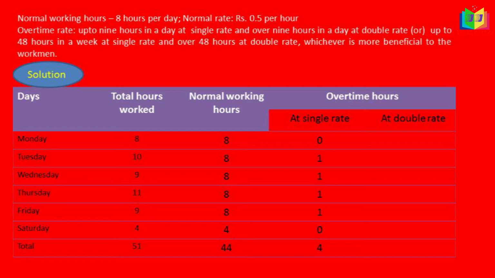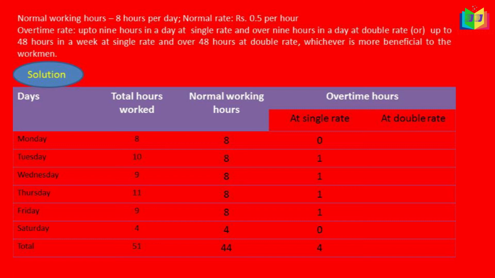Okay, and for Wednesday it's 9 total hours worked and normal working hours is 8, so here also we have 1 at single rate. And on Thursday 11 hours worked and normal rate is 8, so up to 9 hours we have to take it under this single rate, so 1 will come there.